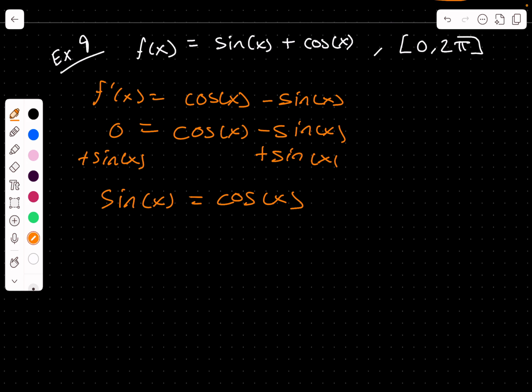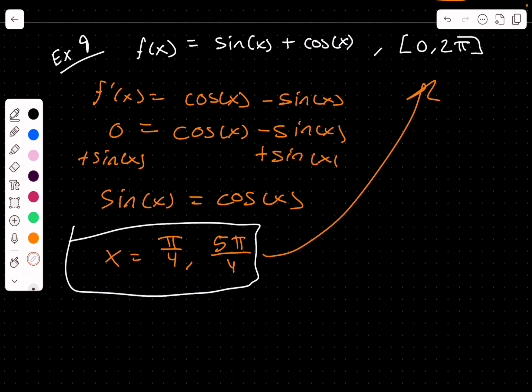At those two values, sine of x and cosine of x equal the same value. So therefore, our critical values are pi over 4 and 5 pi over 4 within our given interval. All right, so this is our answer for these, right?